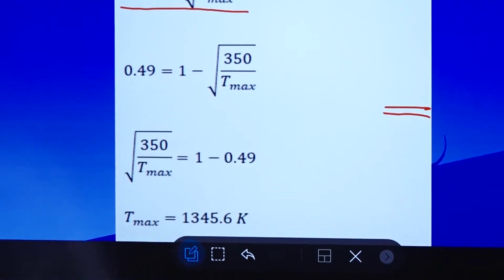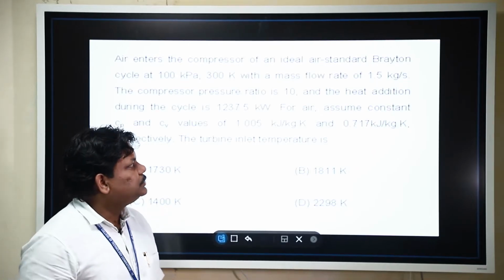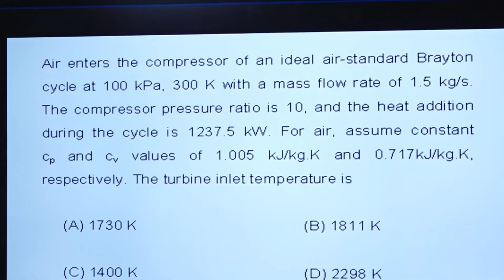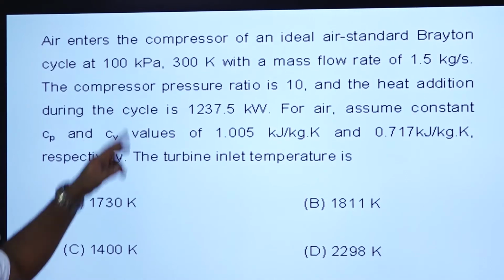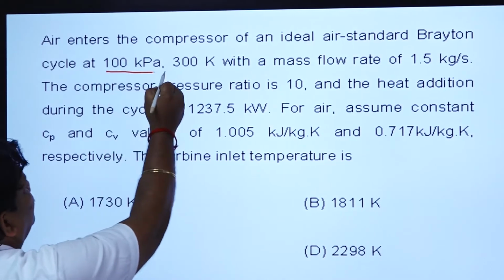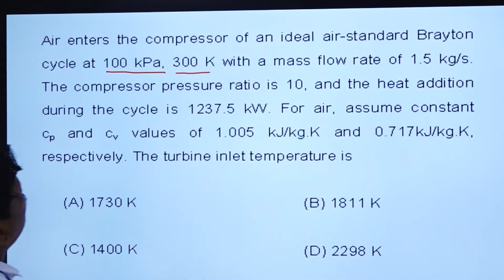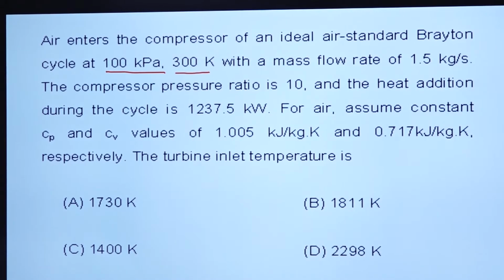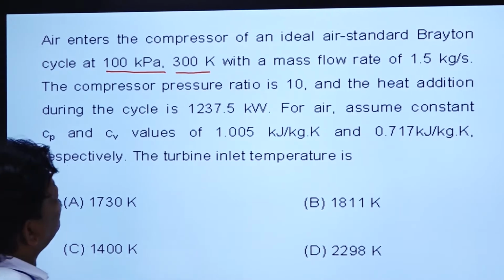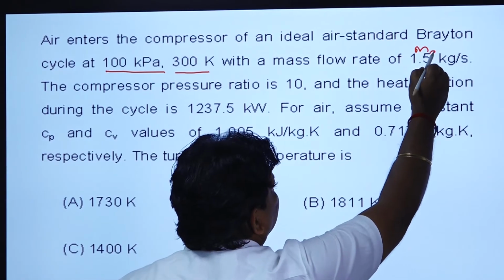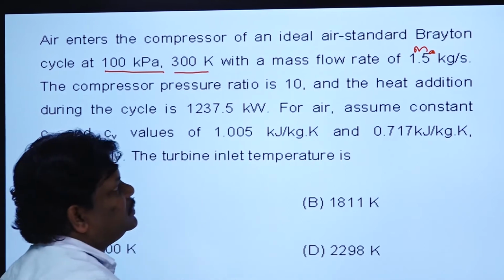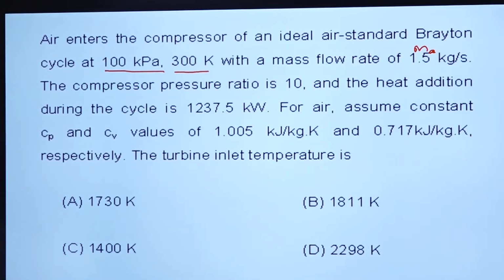T max is equal to 1345.6 Kelvin. Now see this problem: air enters the compressor of an ideal air standard Brayton cycle at 100 kilopascal and 300 Kelvin. P1 and T1 are given to you, with a mass flow rate m dot, or ma, whatever it may be, of 1.5 kilogram per second.